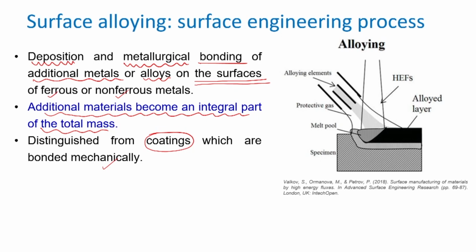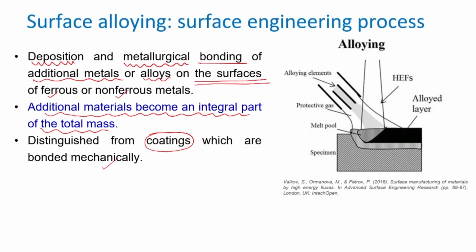As we are getting an entirely different composition, the material properties of that composite would be different than the added material and the substrate material. So, in this way we can generate a layer which may have the improved, enhanced properties of the surface.